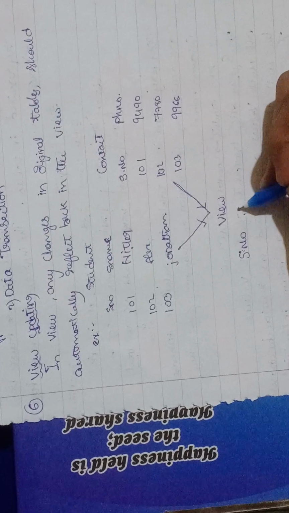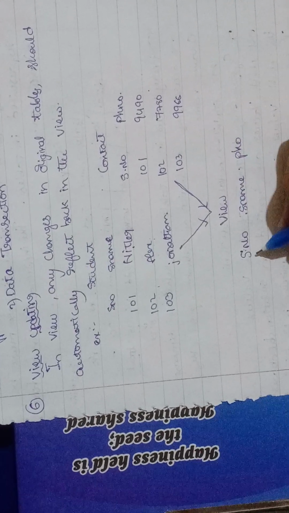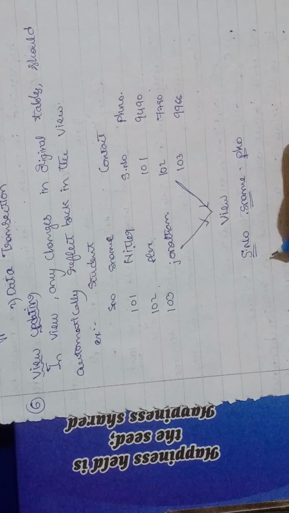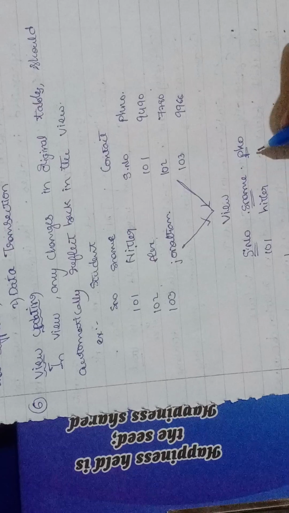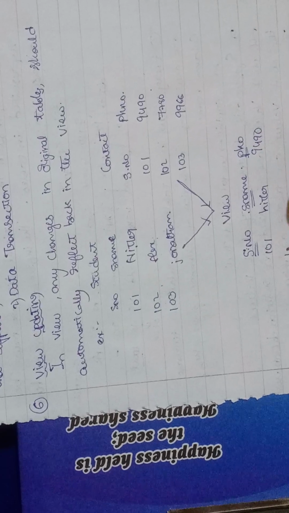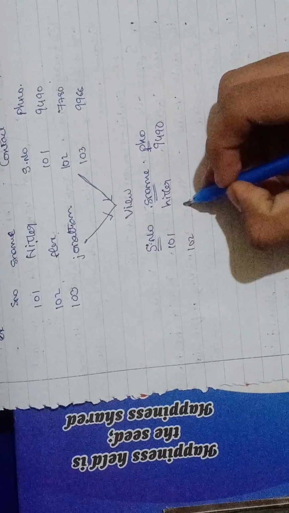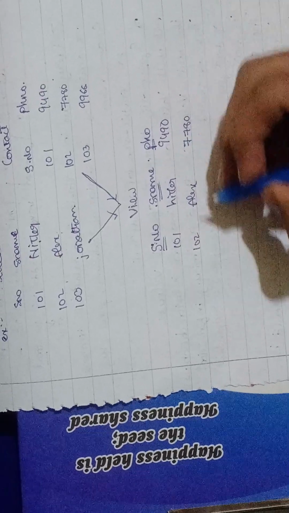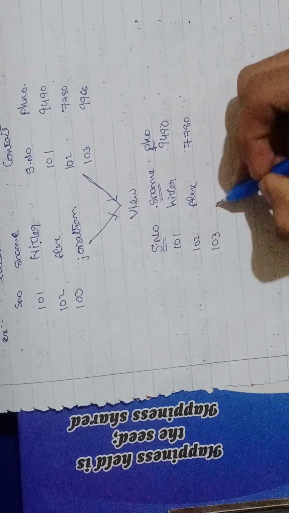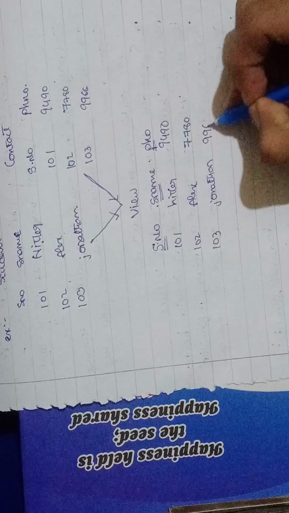Student number, student name, phone number, meaning 101 Hitler phone number is 9490, 102 Alex phone number is 7780, and 103 Jonathan number is 9966.